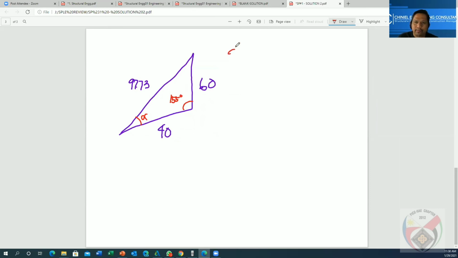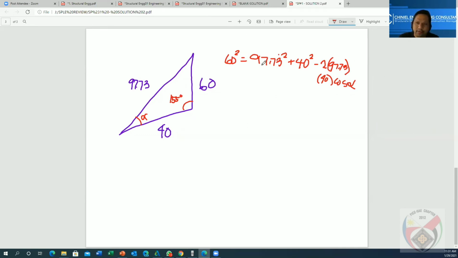So the square of the opposite side, 60 squared, equals the sum of the squares of the two adjacent sides, 97.73 squared plus 40 squared, minus 2 times 97.73 times 40 cosine of alpha.